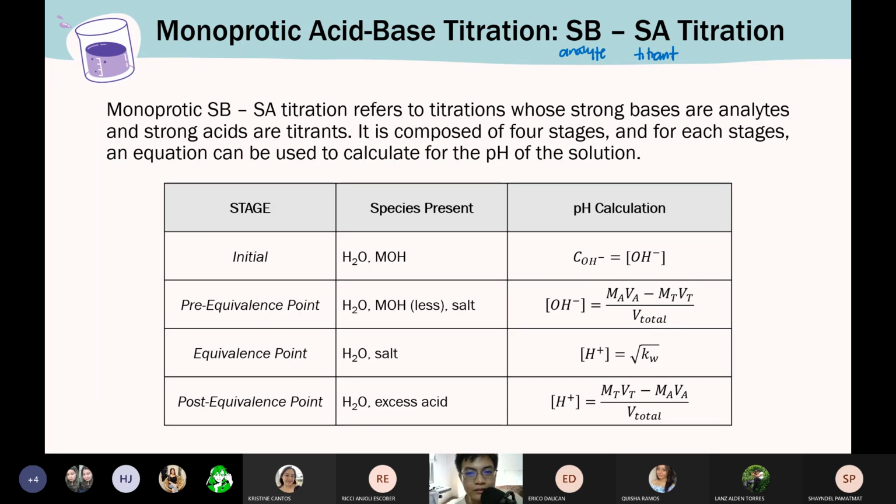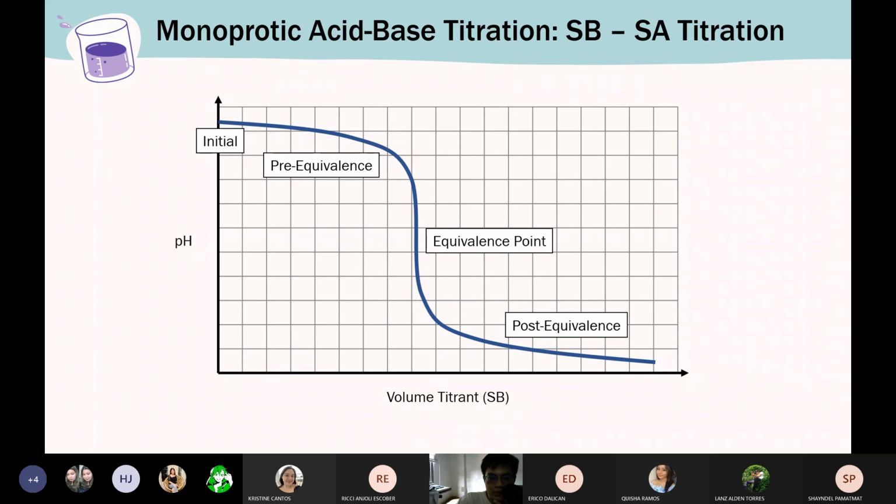Ang ganap is medyo parehas lang yung calculation. Okay? So medyo parehas lang yung equations. Let me just point out the key difference. The key difference here is that since OH yung given sa'yo, base kasi, you will begin with a very high pH, no?